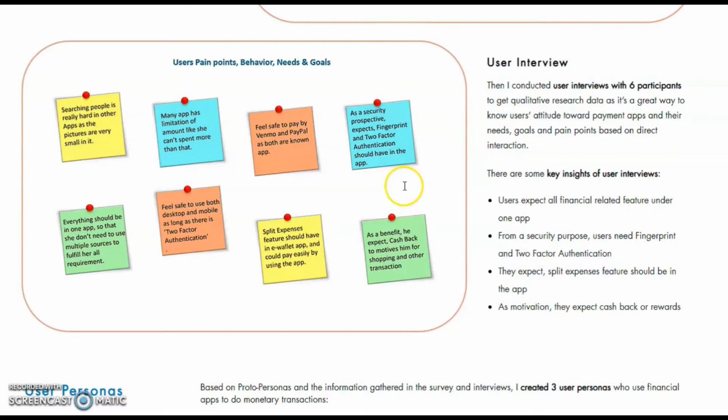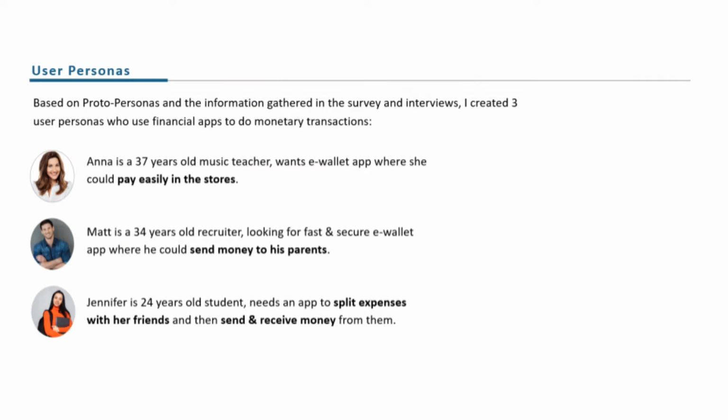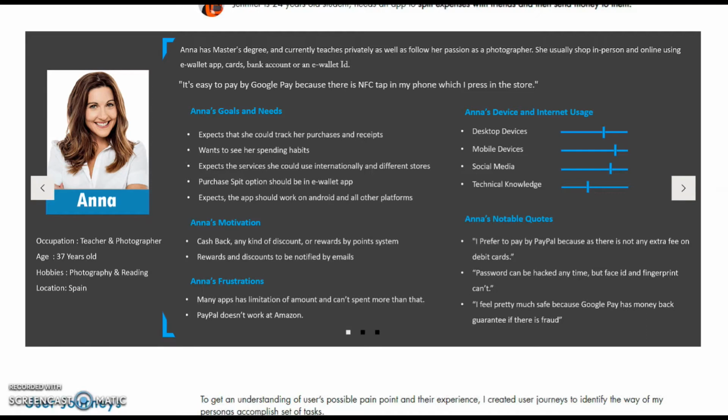The data I collected through user surveys and interviews really helped me to know users' attitude towards payment apps, as well as their needs, goals, and pain points. Based on that, I created 3 user personas to visualize the target users of my product. There is Anna. She is a 37 year old music teacher who wants an e-wallet app where she could pay easily in stores.